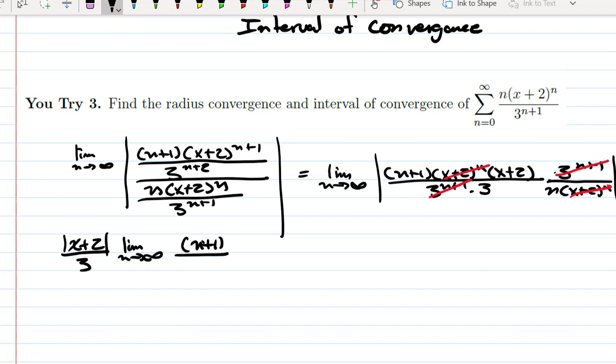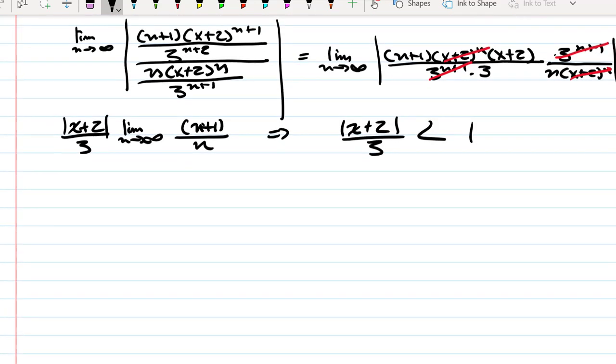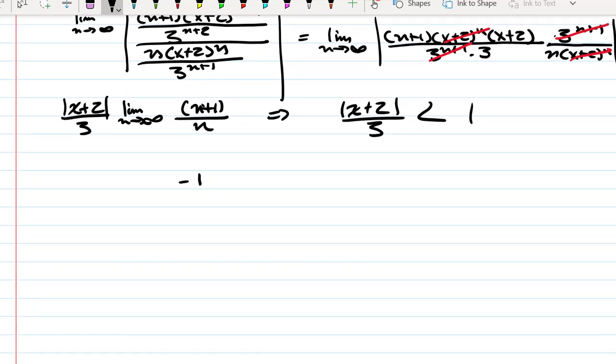We pull the 3 out of the denominator over n, and the limit as n goes to infinity of n plus 1 over n is going to be 1. So we get absolute value of x plus 2 over 3 has to be less than 1. So writing that out, we have negative 1 is less than x plus 2 over 3 is less than 1.